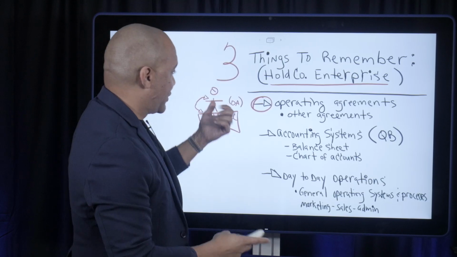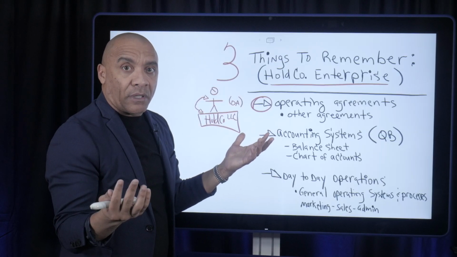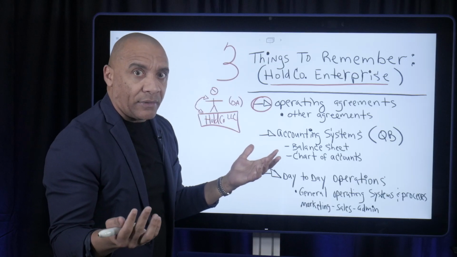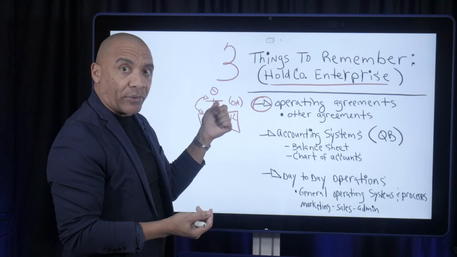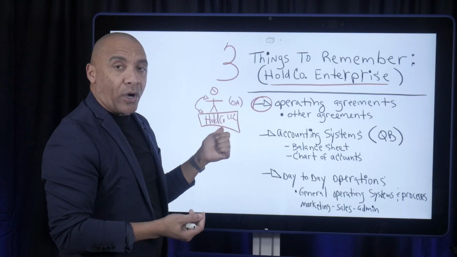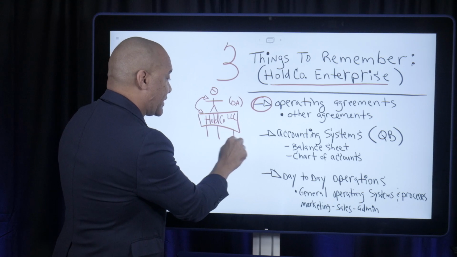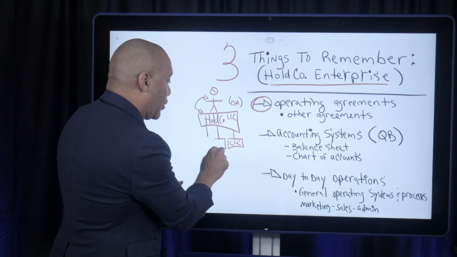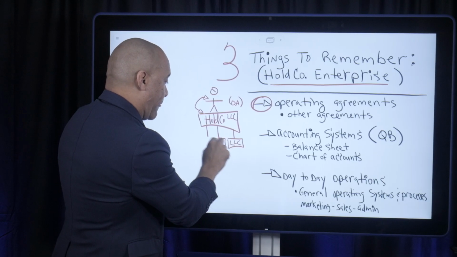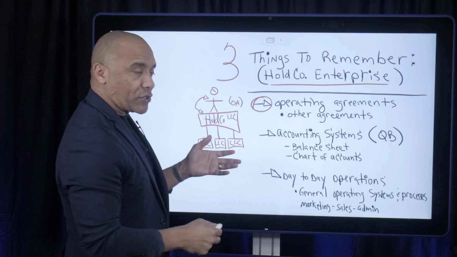The operating agreement is going to spell out all the do's and don'ts, all the rules and regulations, all the what ifs between you as the owner, the member, and the HoldCo. Okay, now let's say you have subsidiary LLCs. These are all owned not by you, but these are all owned by the HoldCo if it's structured correctly.